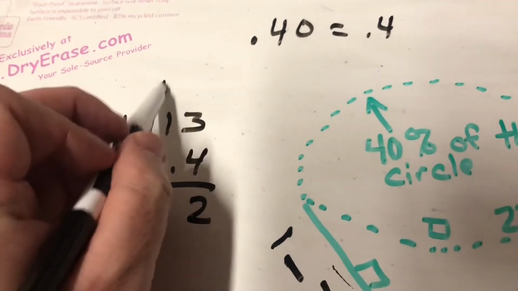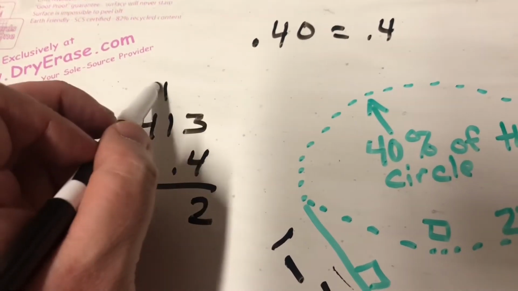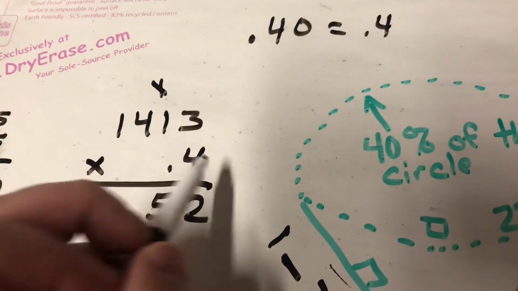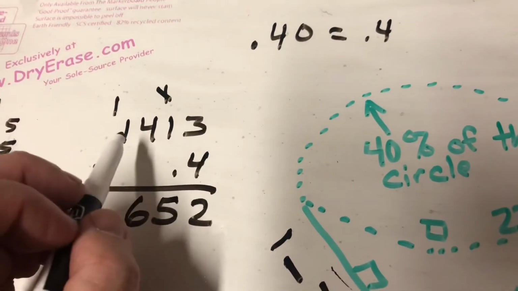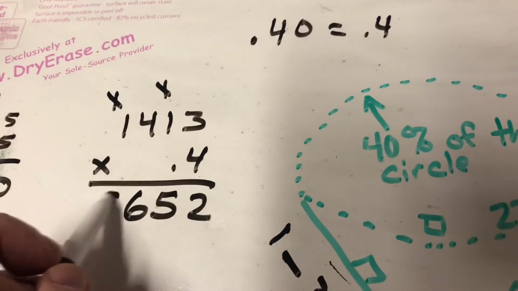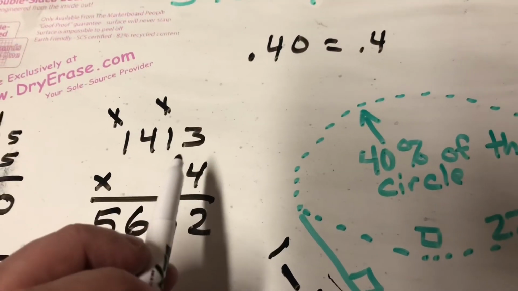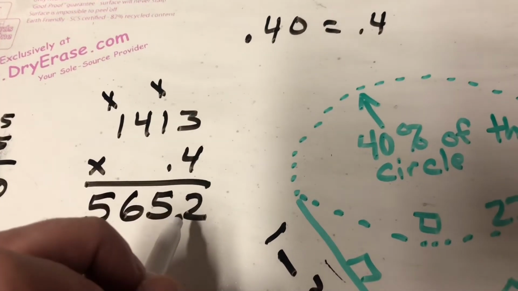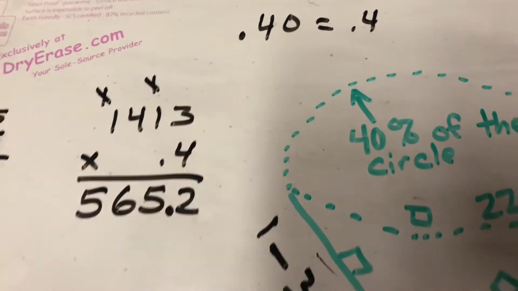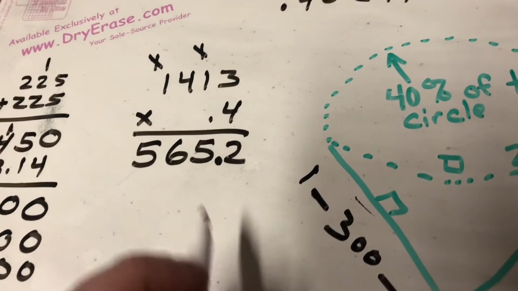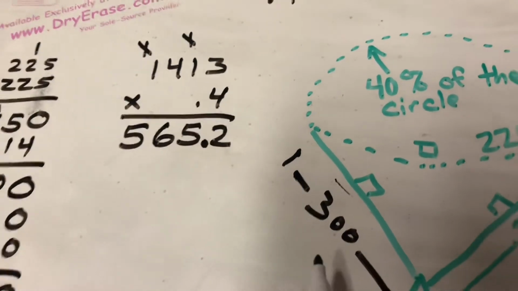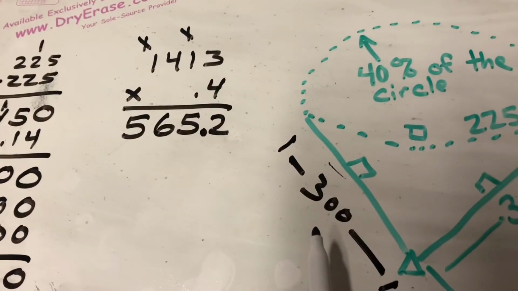Put the 2 down, carry the 1. 4 times 1 is 4. Plus 1 is 5. 4 times 4 is 16. Put the 6 down, carry the 1. 4 times 1 is 4, plus 1 is 5. There is 1 digit after the decimal in the problem, so I need 1 digit after the decimal in my answer. Okay, that's how much is there, 565 and 2/10 at 40%.